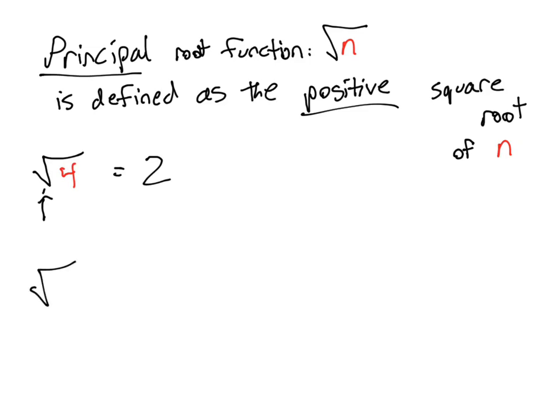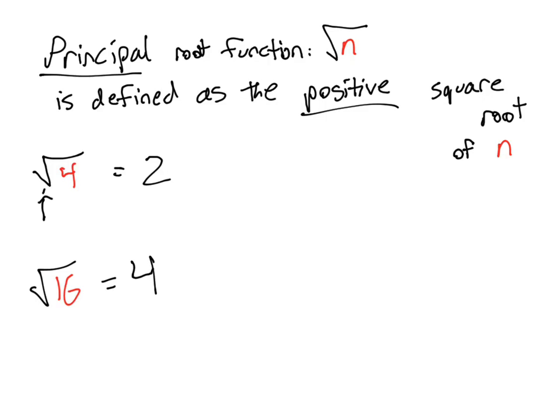Or if we take the principal root of 16, that means the positive option, that if we multiply it times itself, would equal 16, which is +4. So the principal root symbol on its own tells us to take the positive square root of a number, even though every positive number actually has two possible square roots, with one of them being negative.